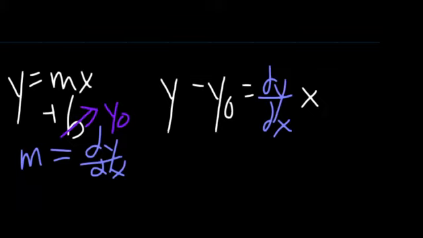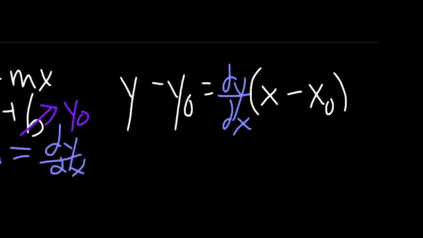Let's say the initial value is y sub 0. I think it's intuitive that it's going to be the derivative dy/dx times, I guess you can say, the change in x, but it's not really change in x. It's just a variable shifted over a certain amount. I think that's how you're supposed to view it.